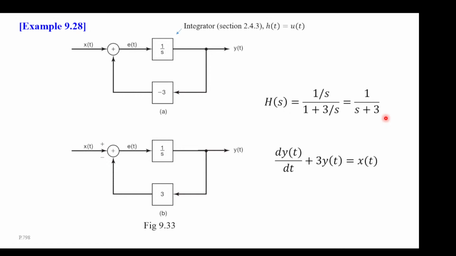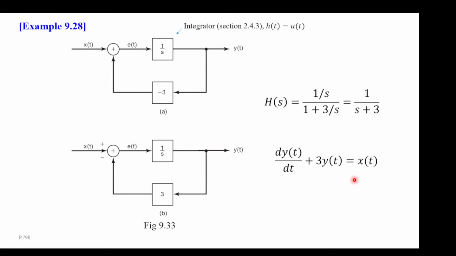And then we can further write down a differential equation. In differential equation, we talked about how to write the system function for a differential equation. But obviously, you can also convert a system function back to a differential equation. So this feedback loop corresponds to the differential equation dy/dt plus 3y equals x(t), because s corresponds to dy/dt, and this 3 corresponds to 3y.